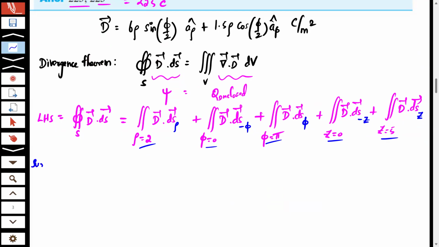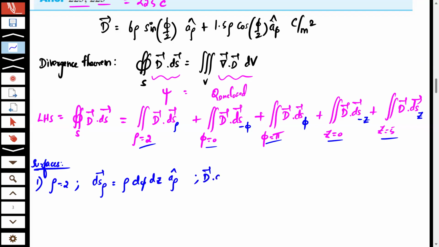So I will write the surfaces. First surface is rho equals 2. For this surface, dS vector is in rho direction. We can look at the formula for the cylindrical system of coordinates, the differential surface and volume elements, and find the corresponding dS vectors in each of the sides. I will write directly the equation; you can refer to the formula. So rho d phi dz a_rho. Now we need to write D vector dot dS vector for this particular surface.